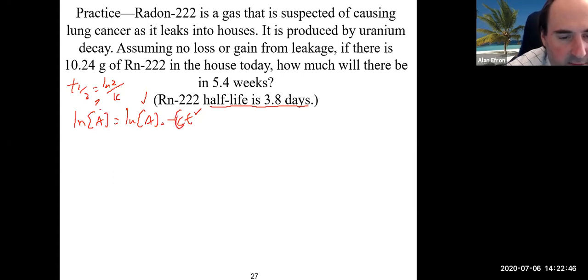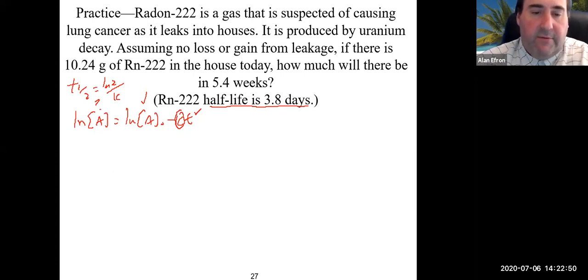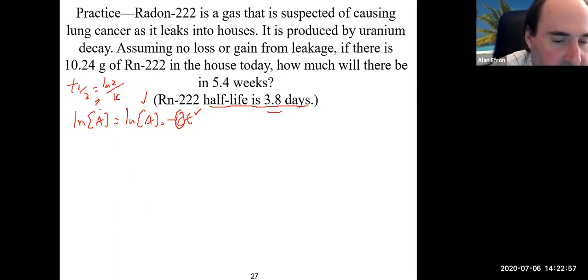Just like the last one, and very common, we're missing that decay constant. That is where the half-life would come into play. We do have the half-life here, which was 3.8 days. Now, we want to think about these two units. The time is in weeks, and obviously our half-life's in days, so you do need to do a conversion.